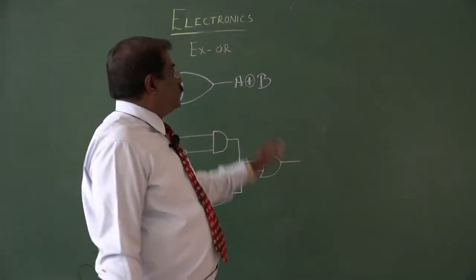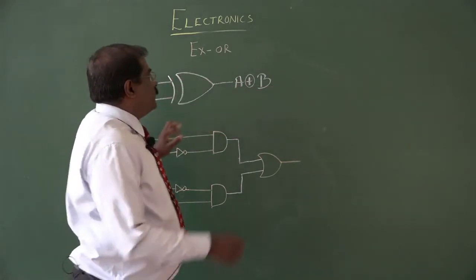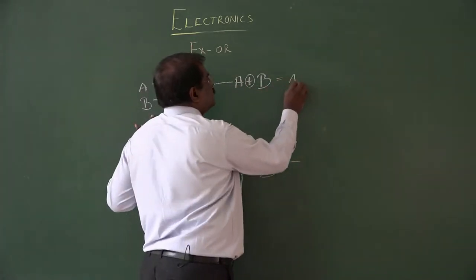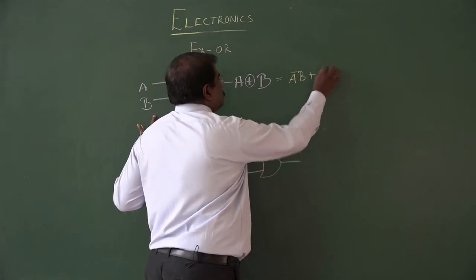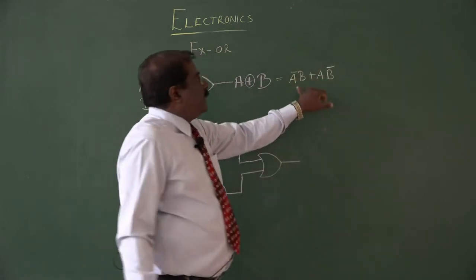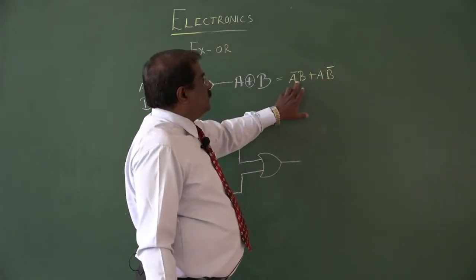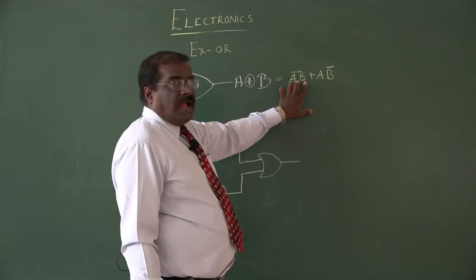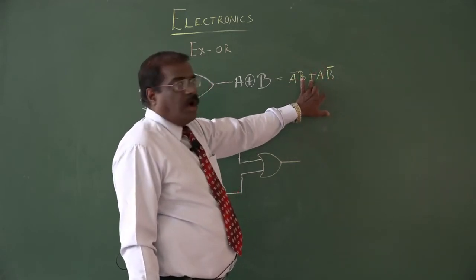The XOR gate is A XOR B. You can realize it with respect to this equation, A bar B plus A B bar. That means here we need an AND function, here an AND function, and here an OR gate.